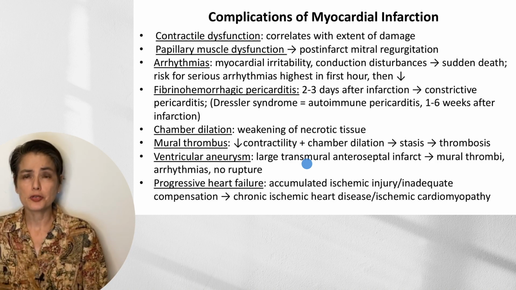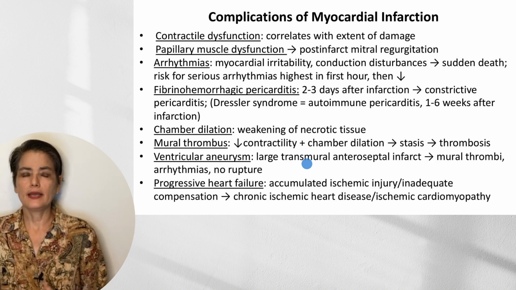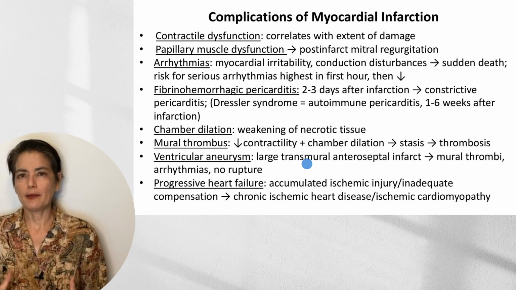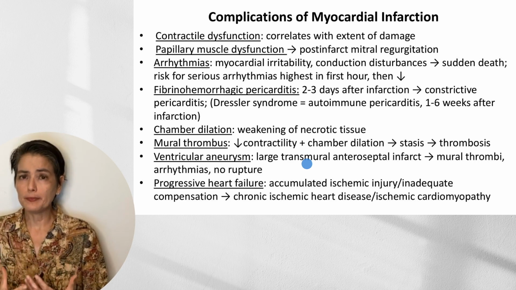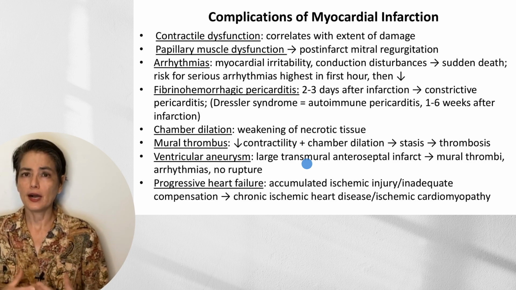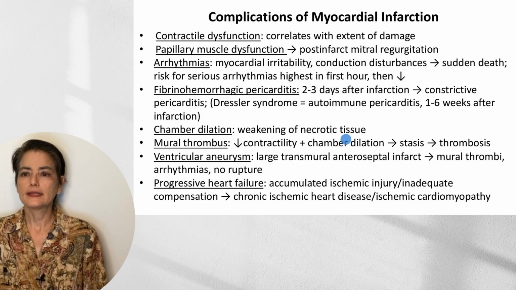They'll undergo hypertrophy without a correlating proportional increase in the capillary vasculature. As a consequence, the heart, which has already been injured, is now moving towards something which may work initially in the short term, but over time can lead to decompensation, leading us to our ischemic cardiomyopathy.